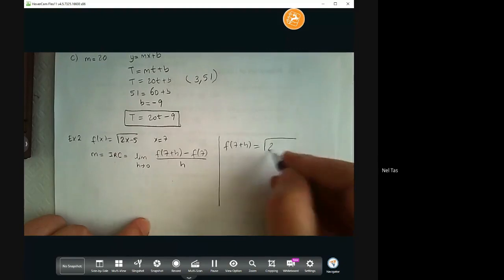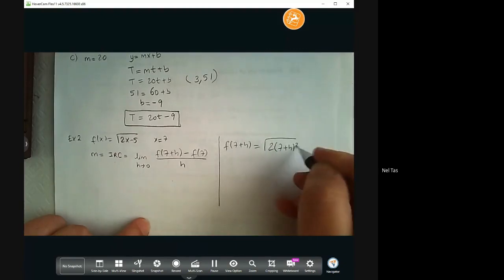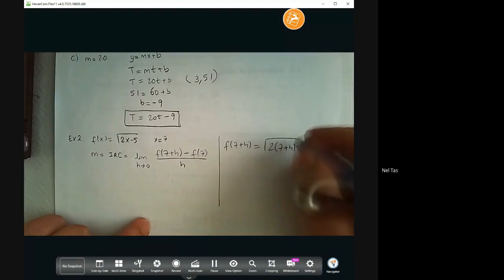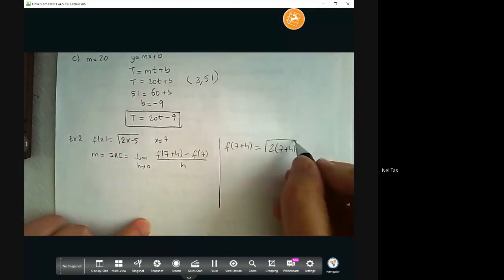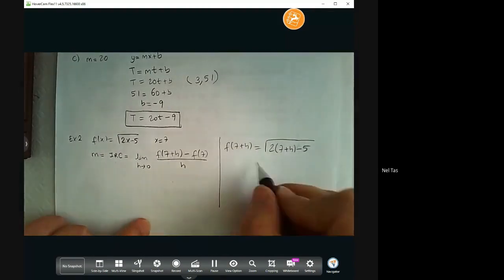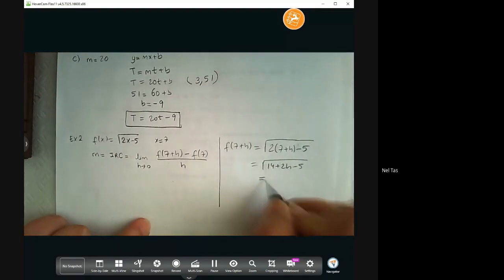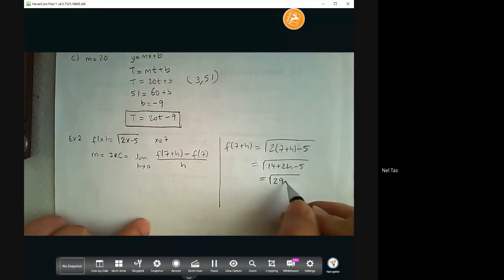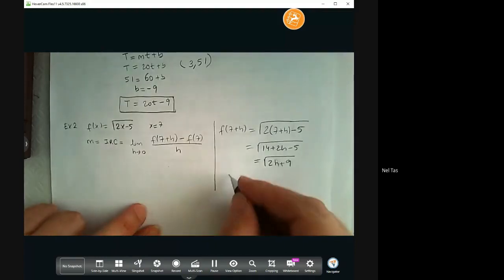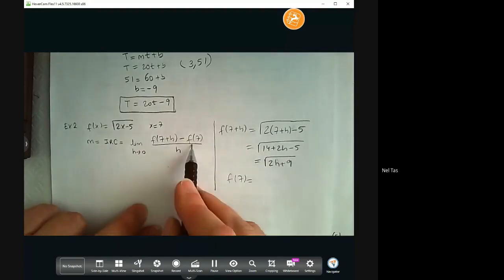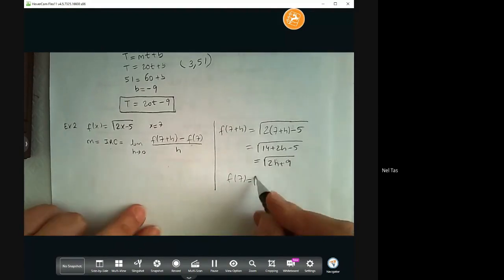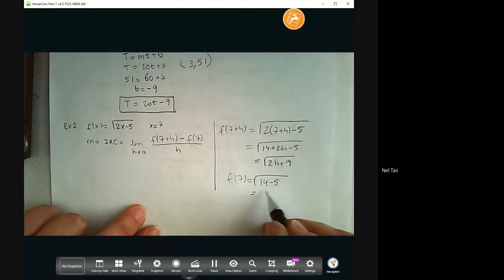So you get square root of 2 times (7 plus h) minus 5. So this gives you 14 plus 2h minus 5, square root of 2h plus 9. So f of 7, you also need to calculate. Substitute 7, 14 minus 5, square root of 9, which is 3.